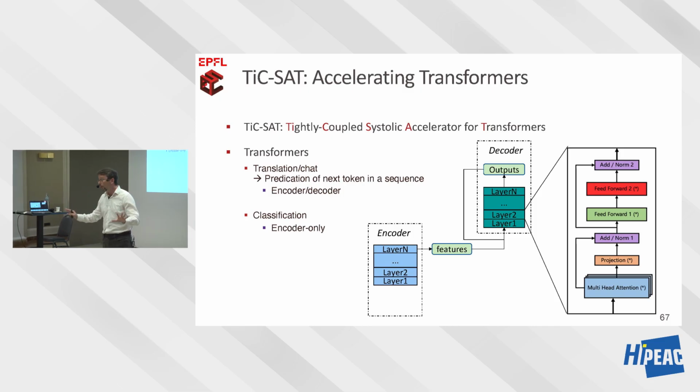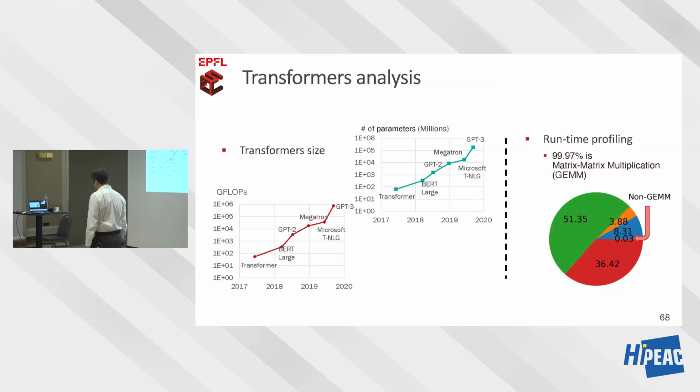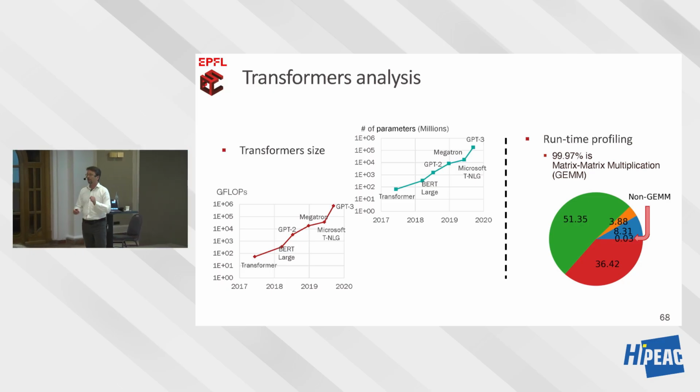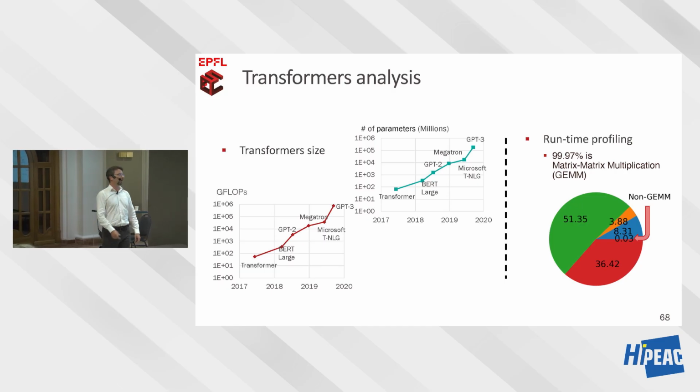I think that all of you know more than enough about it, and most of you know even more than me. What is important is that, as with other machine learning applications, there's no way for the complexity of transformers to go but up. They just get more complicated with more parameters, with more required operations, and so on and so forth.